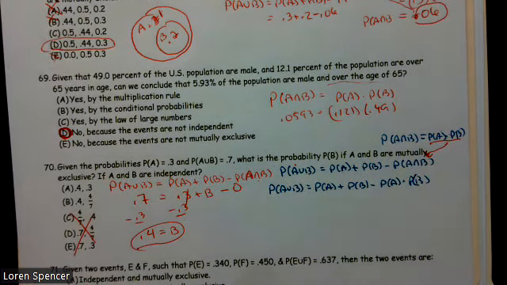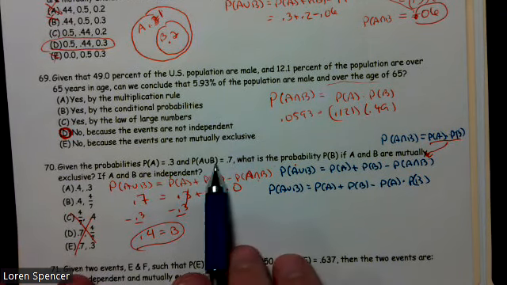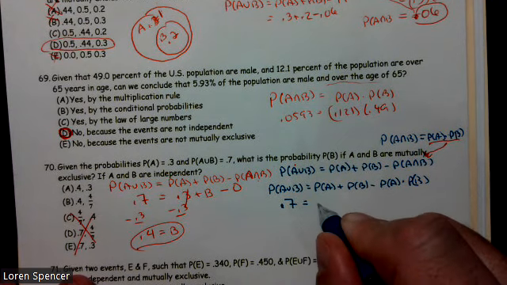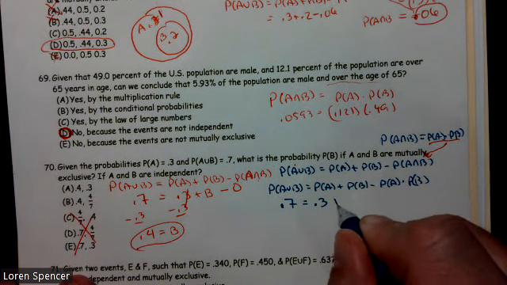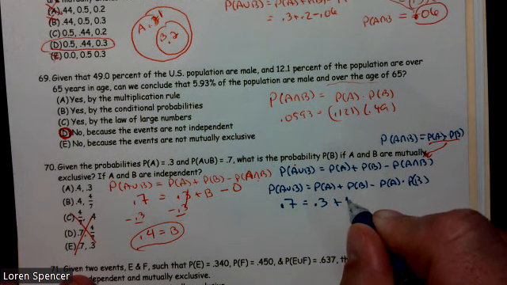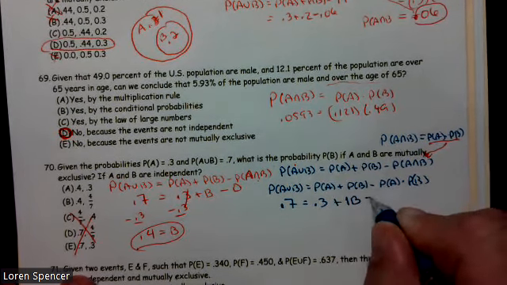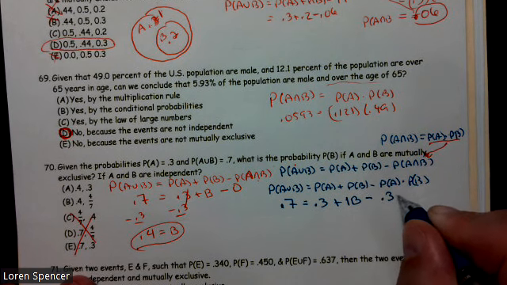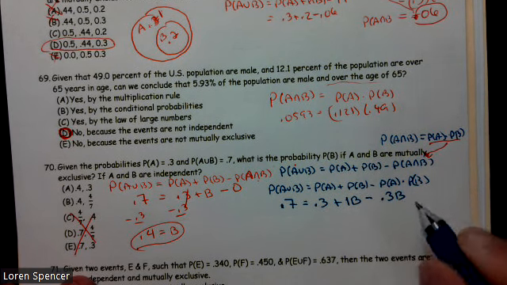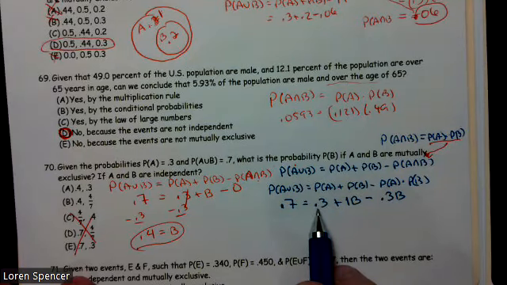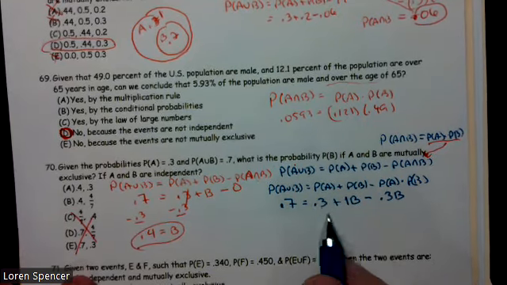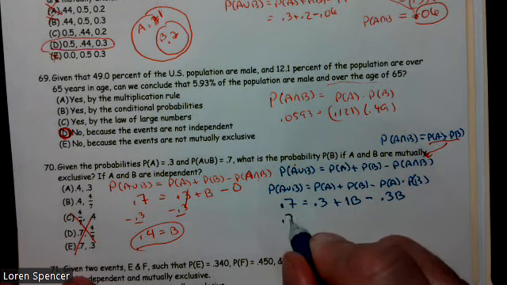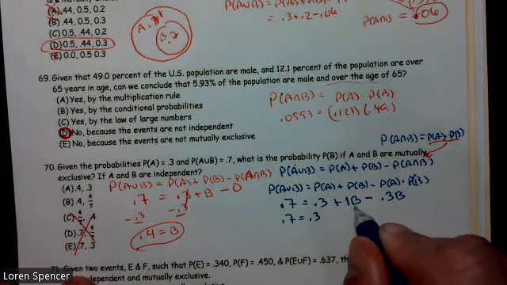So let's start plugging in. What do we know? We know A union B is 0.7. We know A is 0.3. We don't know B, and I'm just going to call it 1B. Minus, we know this is 0.3. And we know this is B. Well, I can combine like terms, and then I'll have 0.7 equals 0.3.